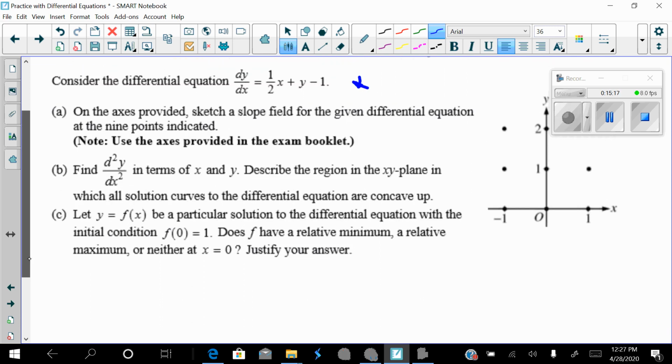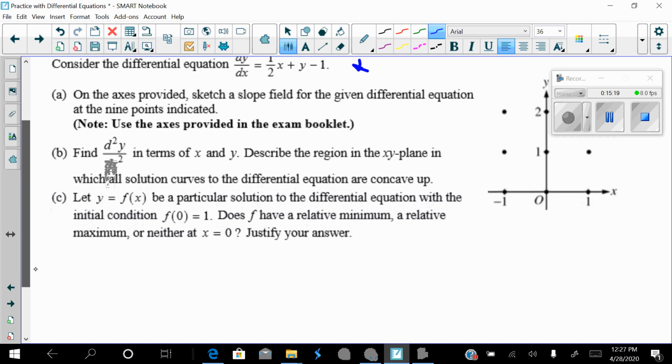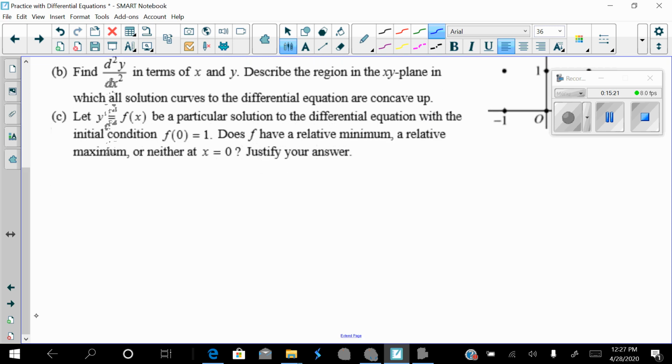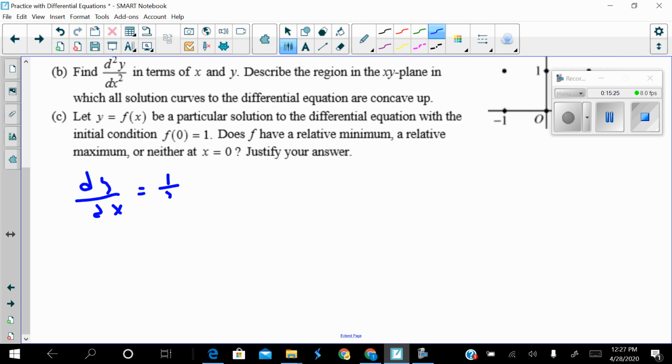So I've got to start out with dy dx equals 1/2 x plus y minus 1. That's our first derivative. The differential equation is our first derivative. All right. Now, the second derivative is just the derivative of the first derivative, but we're taking it with respect to x.